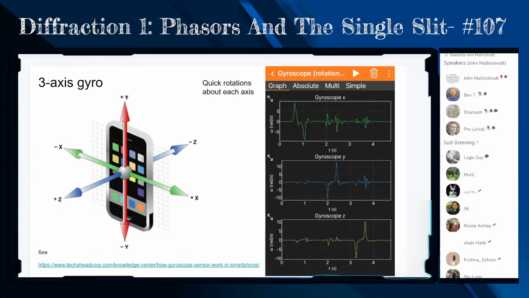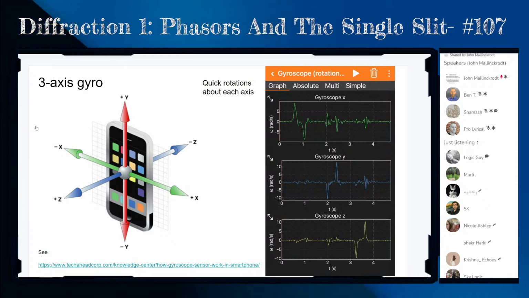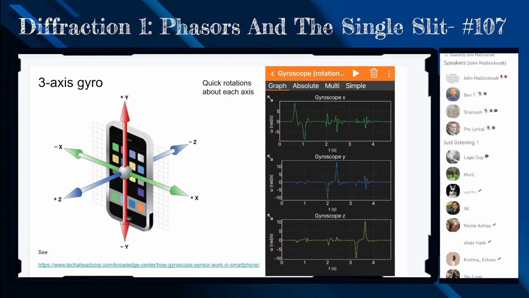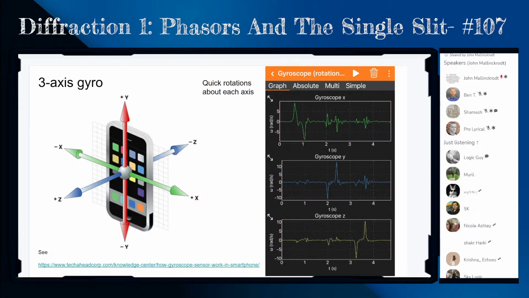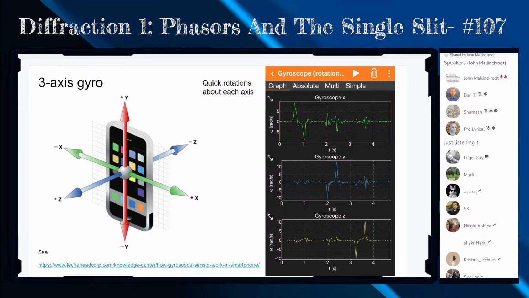Over at the right side, you see a readout. What I did was hold the phone in my hand and give it a quick rotation around the x-axis, basically flipping it up and down, then around the y-axis quickly, side to side, and then around the z-axis quickly, rotating it about that axis perpendicular to the plane of the phone.